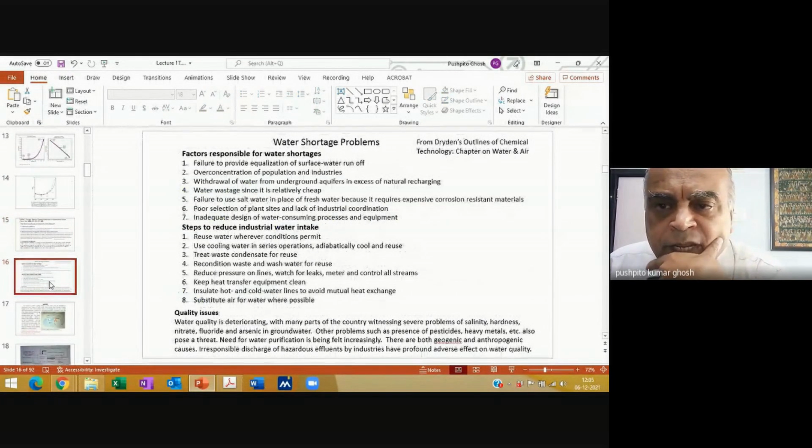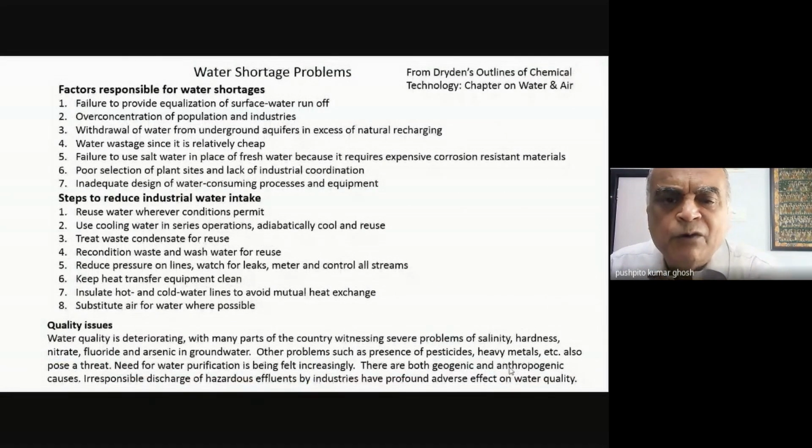Now let me take you to the book of Dryden and tell you that water is becoming a very, very serious issue in our country. Remarkably, in 1968, when Dryden wrote this book, even at that time they were concerned about water.